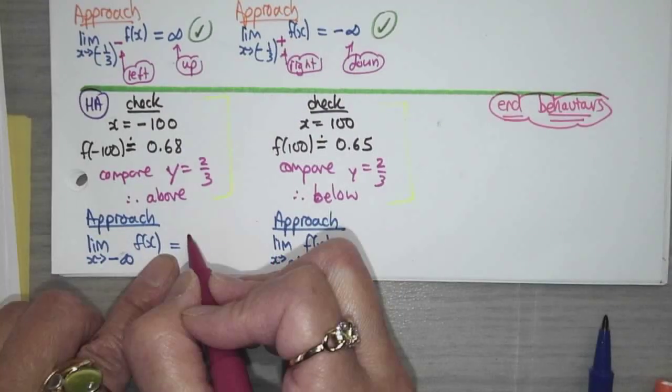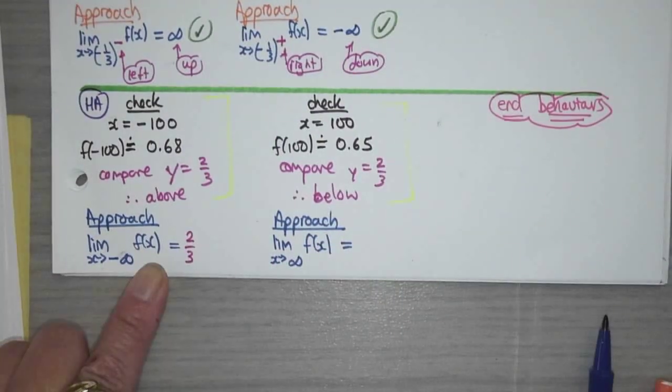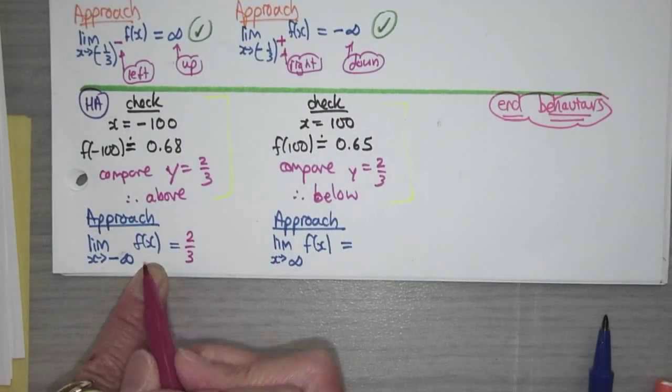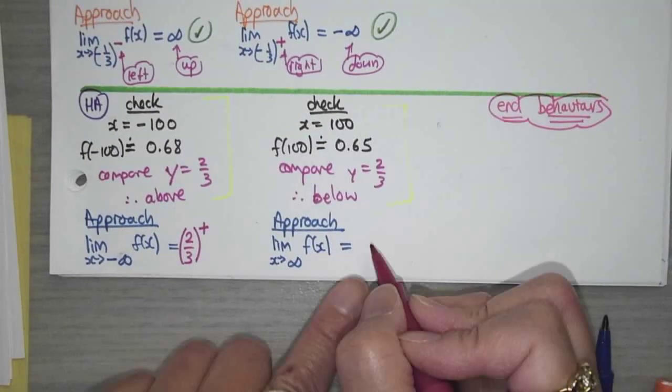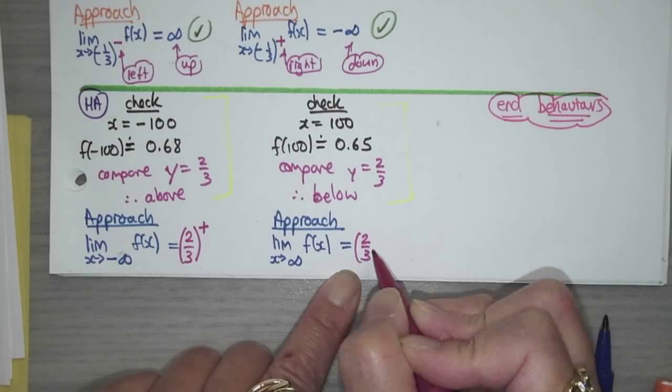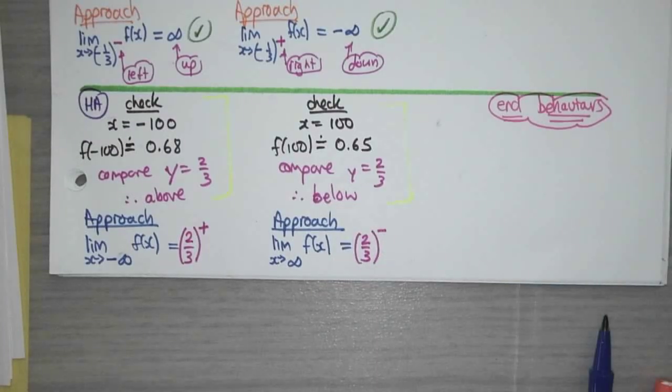So you're saying, I'm at 2/3, and you came from above me. And here I was at 2/3, and you came from below me. So that's showing me above and below. Right? So I'm standing on the line going, you scared me from above, you almost hit my head, or you scared me from below.